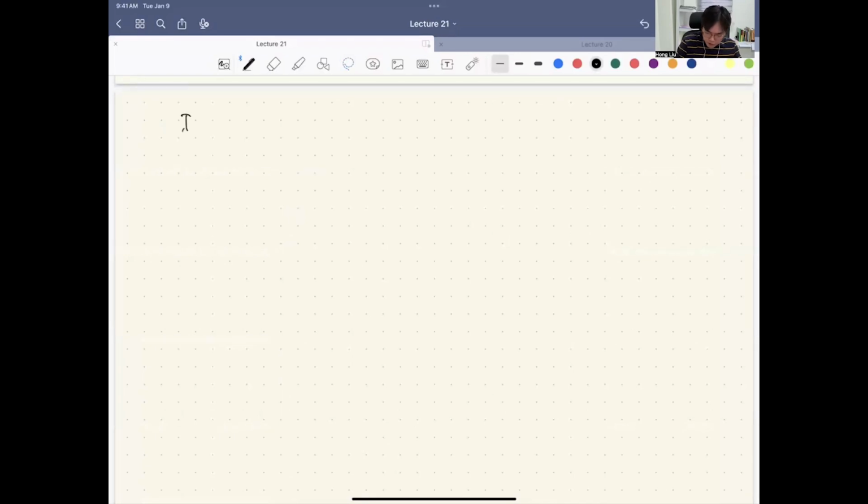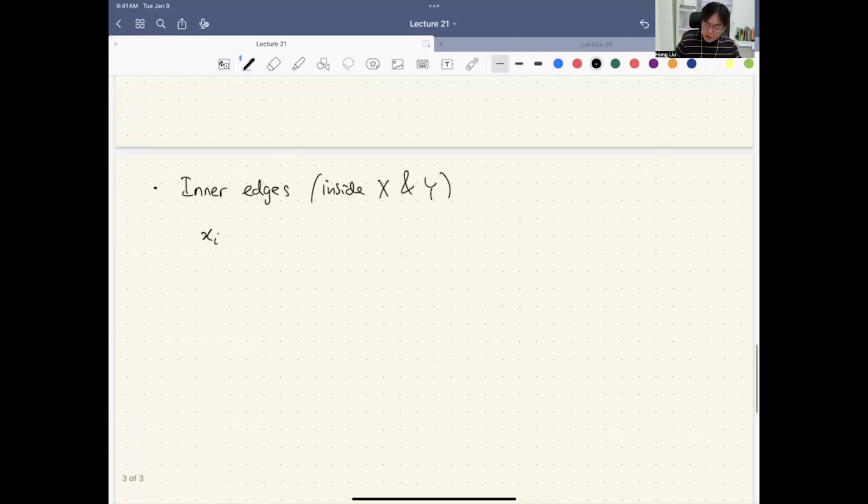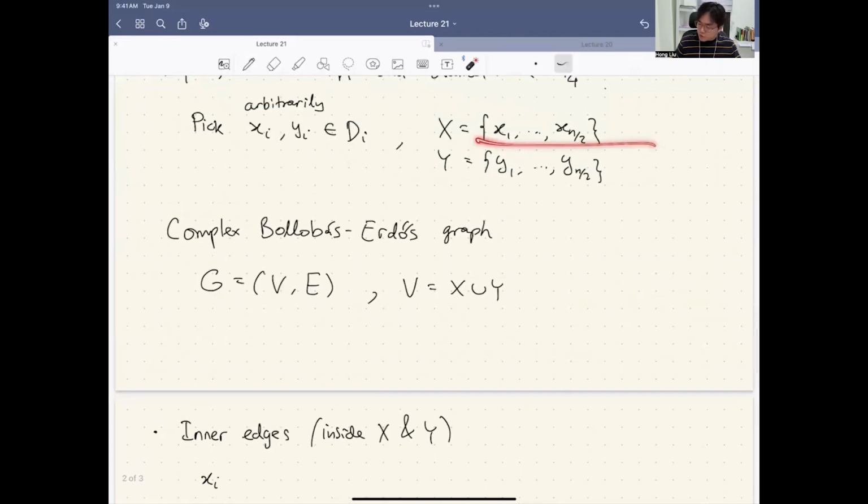Inner edges means inside X and Y. We have X is x1 to x n over 2, Y is y1 to y n over 2.